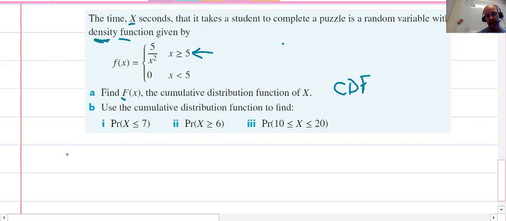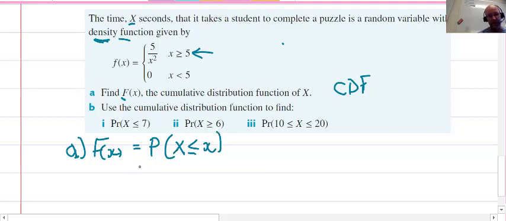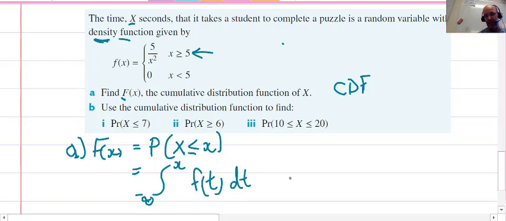Okay, we'll do that first, and so in general we've got capital F of x is the probability that we have big X less than or equal to little x. Now that equals, in general, the integral from negative infinity through to whatever the x is, of f of t dt, where t is the integration variable for the density function.